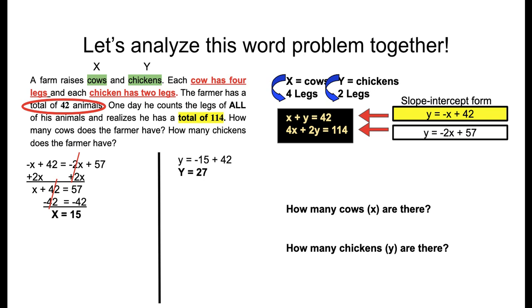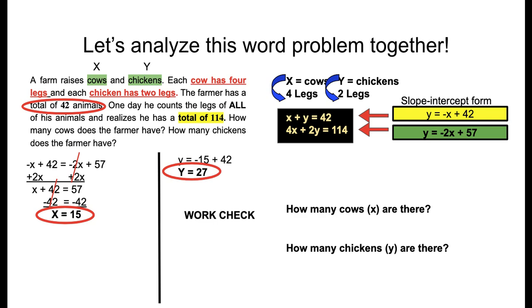Now that I know what y equals, I can take both of these coordinates and check my work using the second equation here, y equals negative 2x plus 57. I'm going to plug in both coordinates, my x value of 15 and my y value of 27.